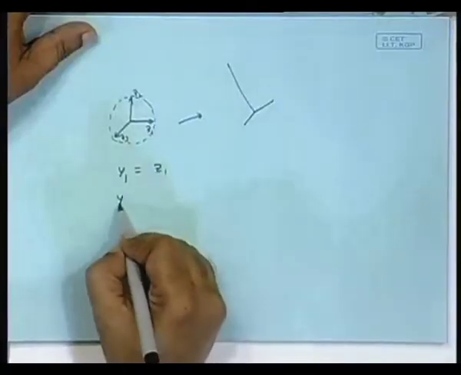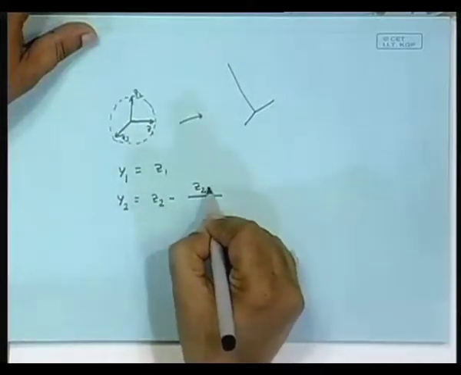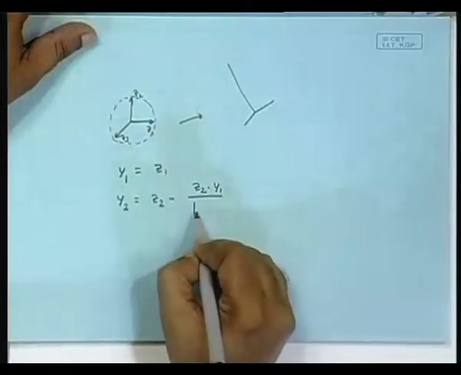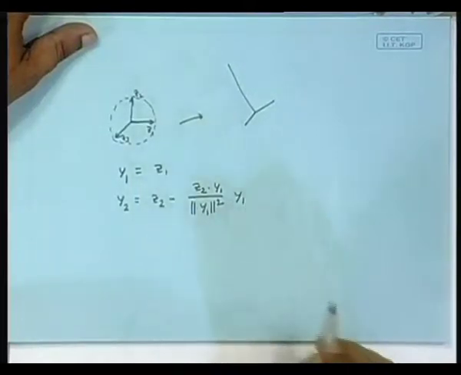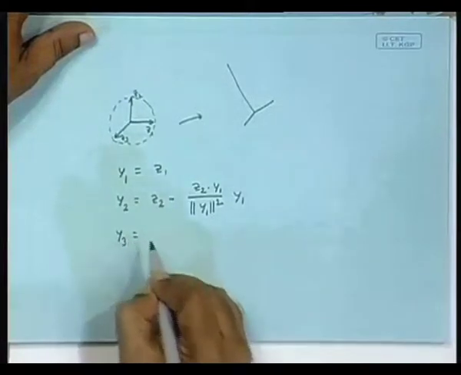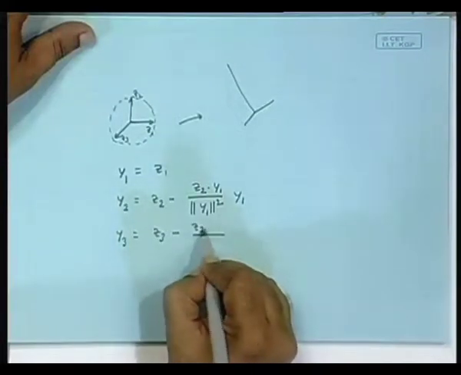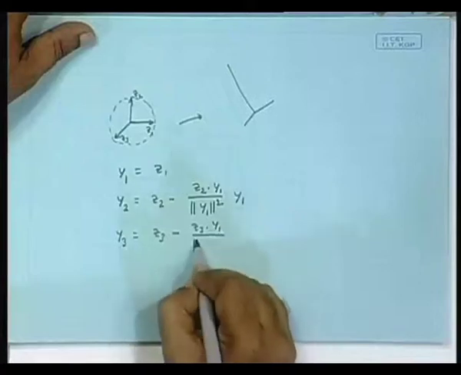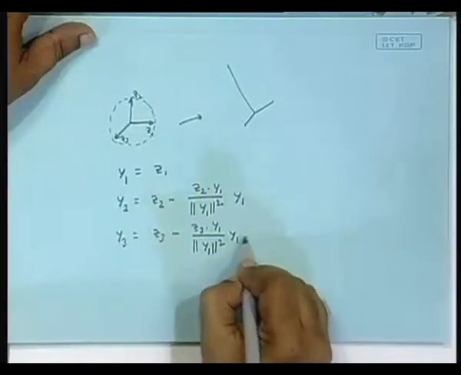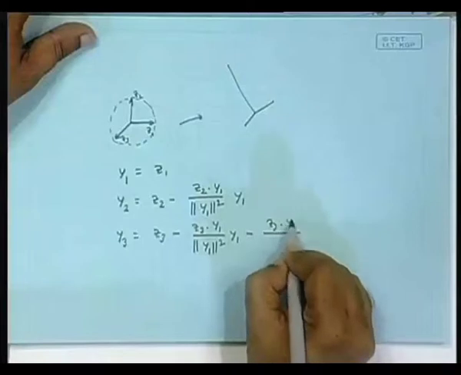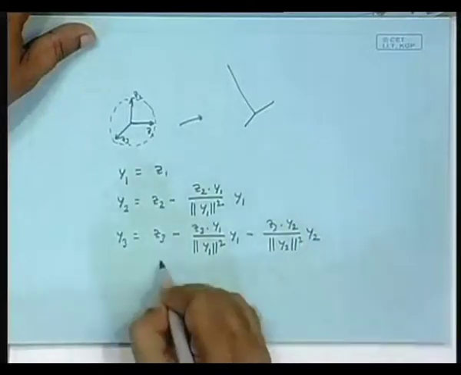So the way it is done is y2 is z2 minus z2 dot y1 by y1, this is the norm square, times y1. y3 is equal to z3 minus z3 dot y1 by the norm of y1 square times y1, minus z3 dot y2 by norm of y2 square times y2, and so on and so forth.